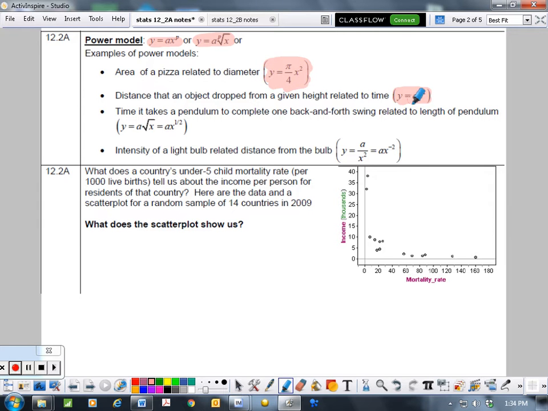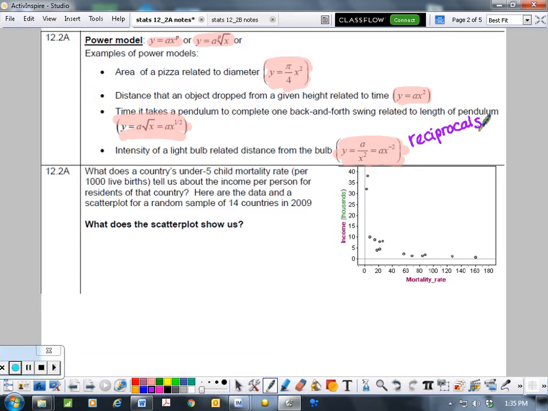The time it takes a pendulum to complete one back and forth swing, again, uses powers. And the intensity of a light bulb. Now we're starting to talk about not just powers, but reciprocals, so now putting x on the bottom of something. So that's something else we're going to look at.